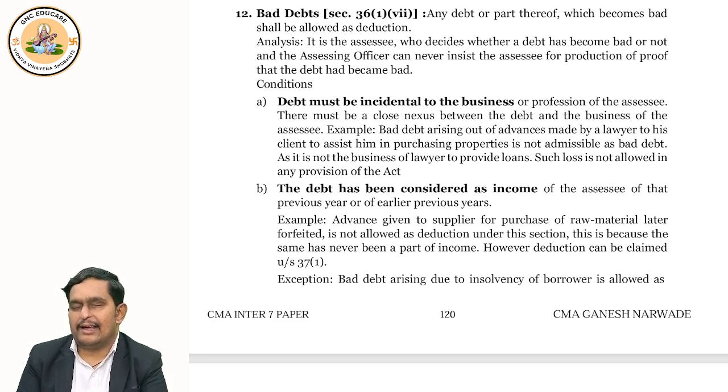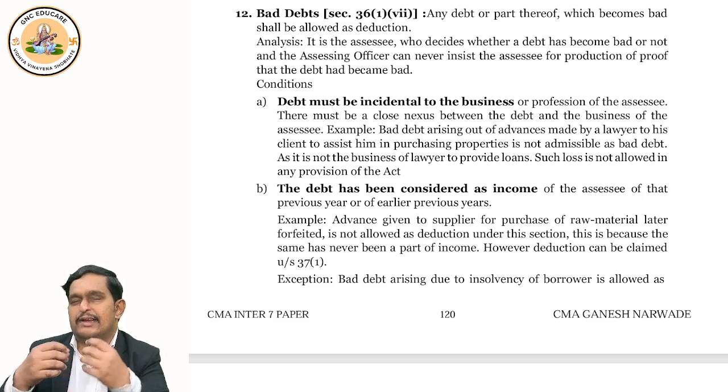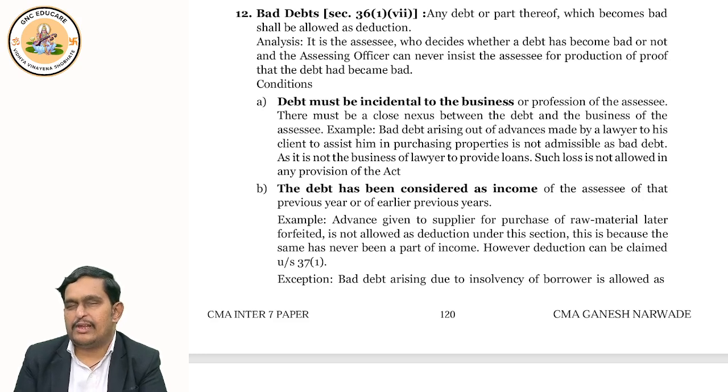For a trader who is trading in goods and gives goods on credit to customers, giving credit, sometimes suffering from bad debts, is in the ordinary course of business. Please remember, it should be in the ordinary course of business. Then definitely the trader can claim deduction of bad debts.